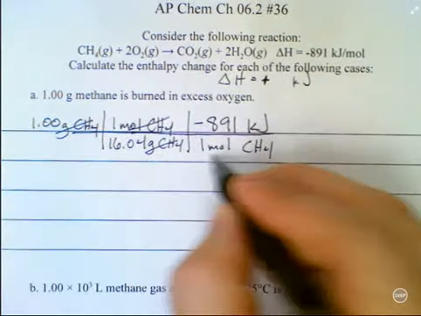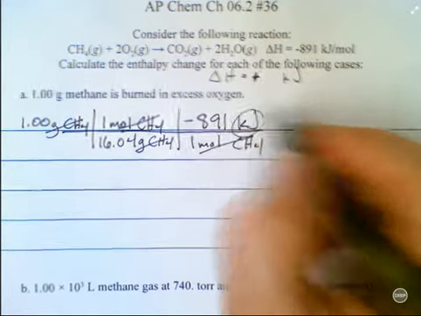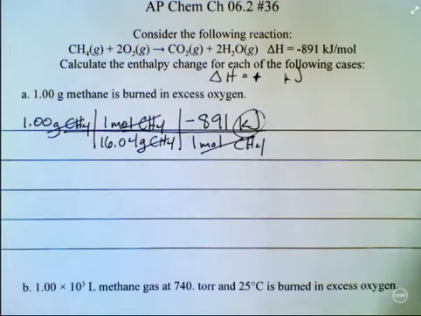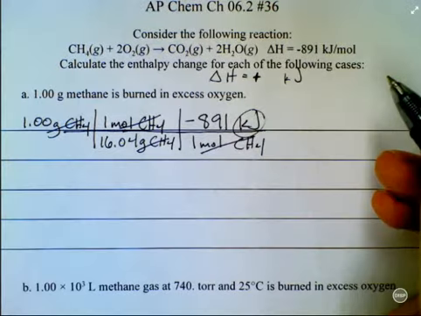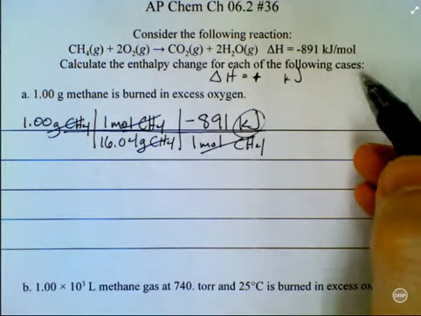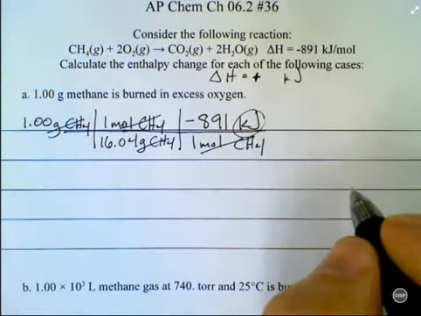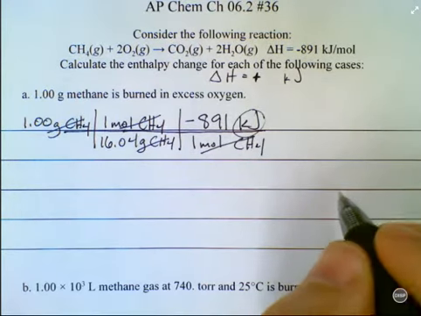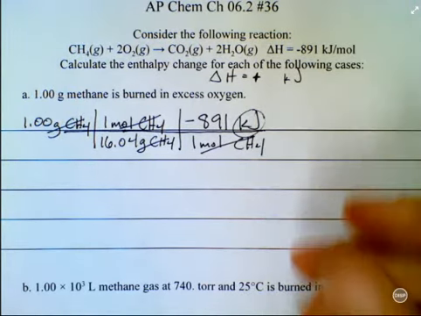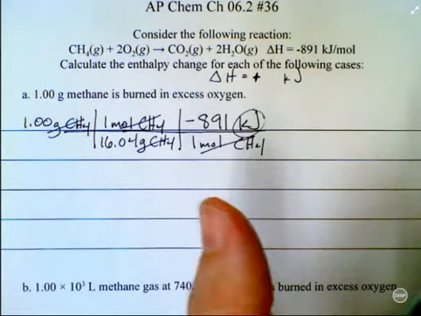Now my moles of methane will cancel out. My unit will be in kJ, which is what I'm looking for here. And I need to remember that if this is an exothermic reaction, I need to include a negative sign, but if it's an endothermic reaction, I'm going to leave it positive.